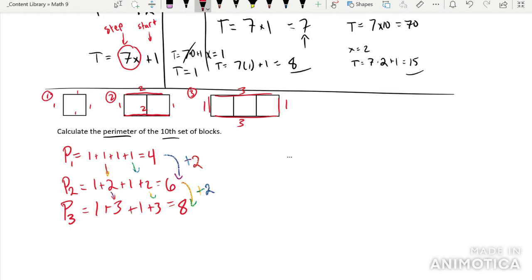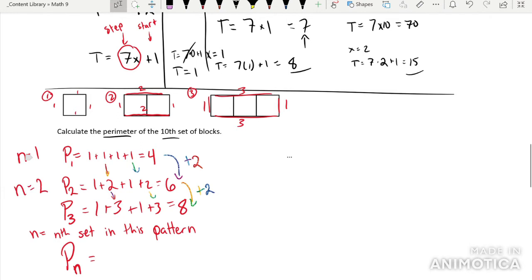So I can rewrite the perimeter here, perimeter of the nth block. So I'm going to use n to represent the nth set in this case, or in this pattern. So I'm starting with, for this one, n is equal to 1, n is equal to 2, and n is equal to 3.